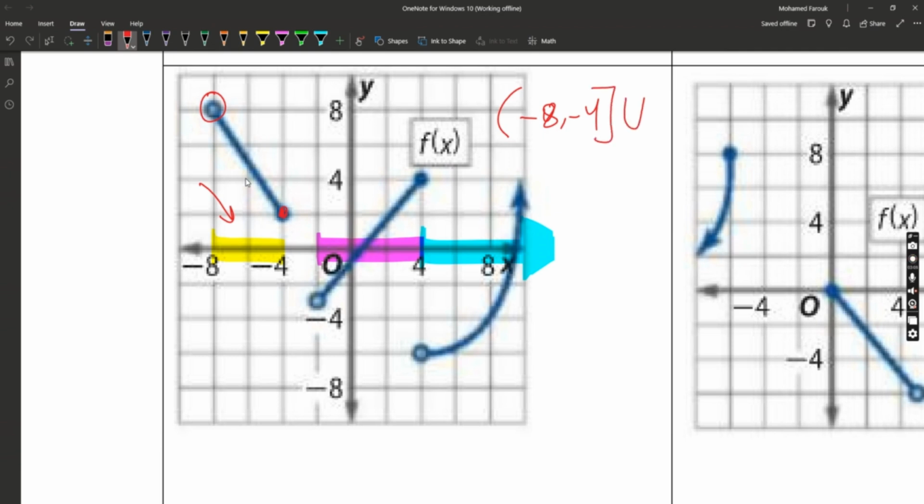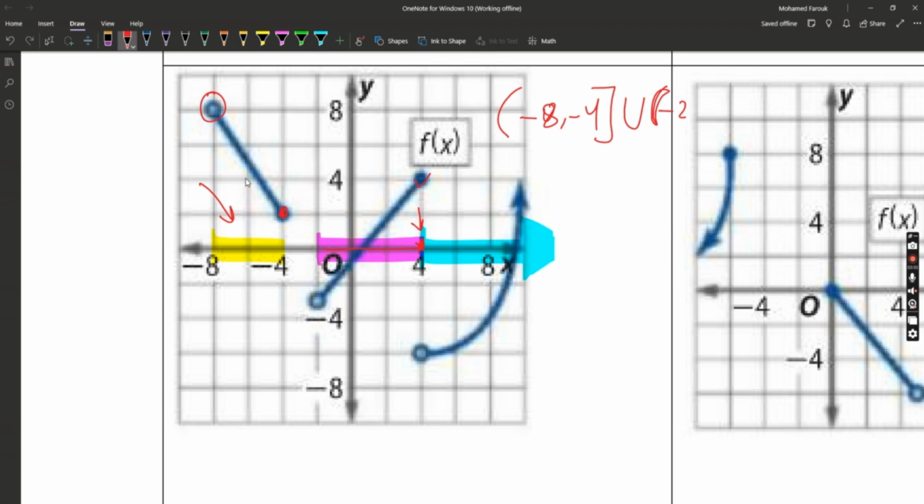What about the second part? It starts exactly at -2. It's unshaded, so it's a rounded bracket, and goes all of the way till 4. Do we have 4? Yes, we have 4. And you started exactly at the same point.